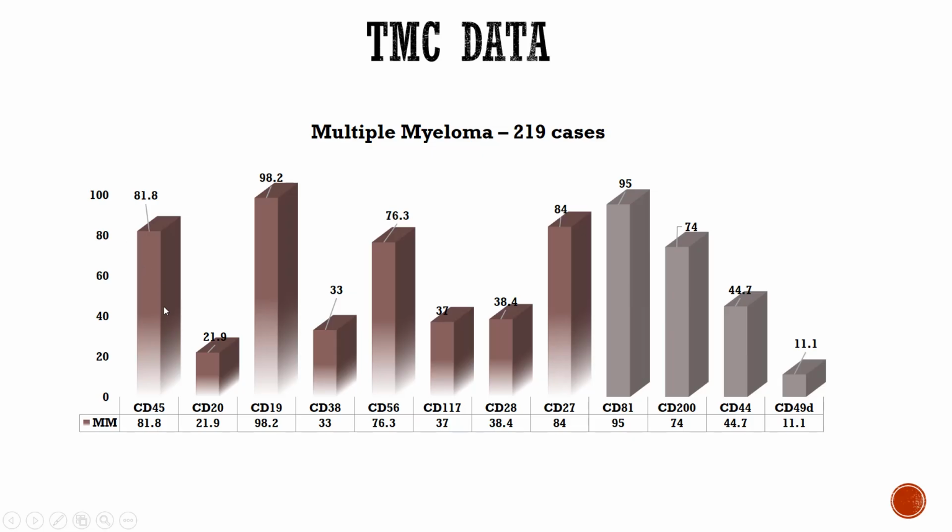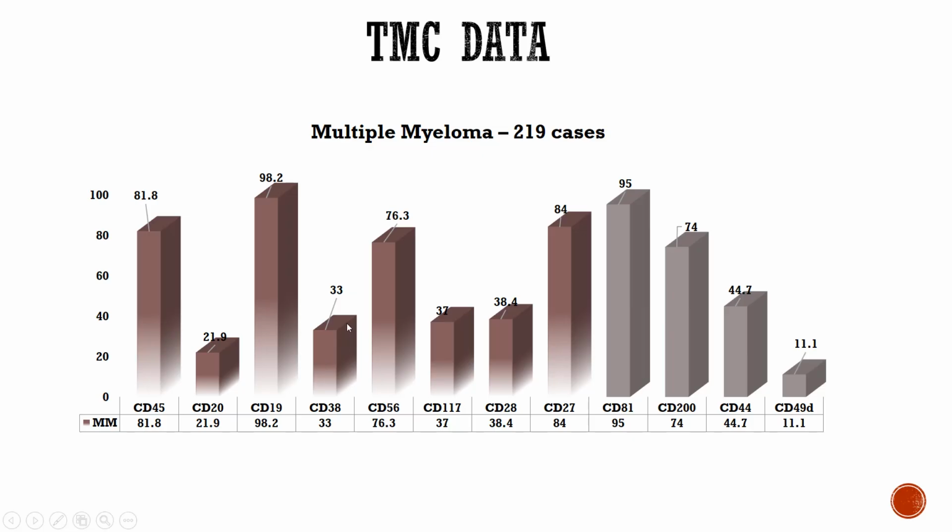So it indicates that in our data we noted that CD45, CD19, CD56, CD27, and CD81 are very good markers for identifying abnormal plasma cells. And then in one third of cases, CD20, CD117, and CD28 were also helpful. Now you also have to see that CD38 can be down regulated in approximately one third of cases.